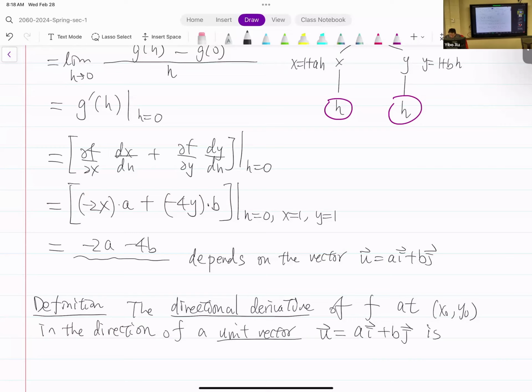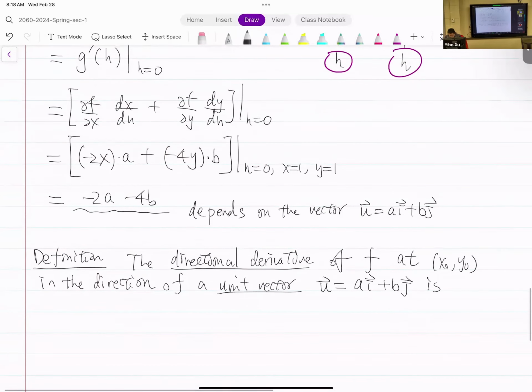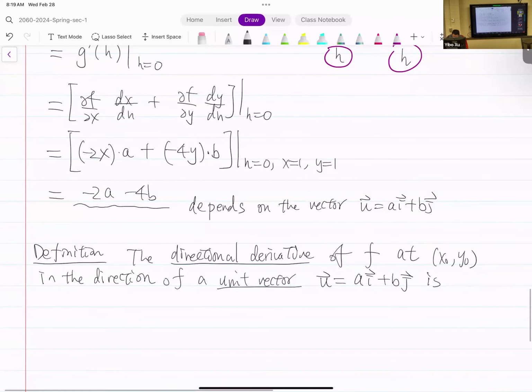So for a general function f starting at the general point x0, y0, and given this unit vector u as the direction you're traveling along, we define the directional derivative to have the notation capital D sub u of our function at the point x0, y0. This is the notation of the directional derivative.